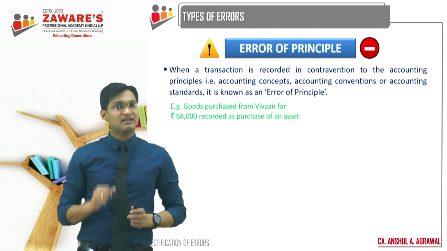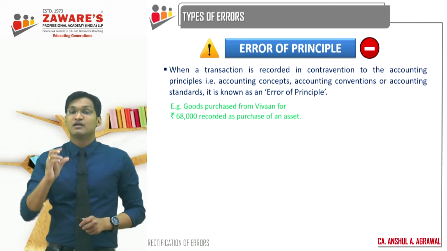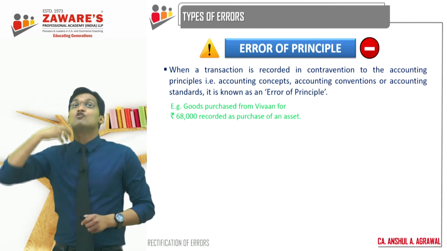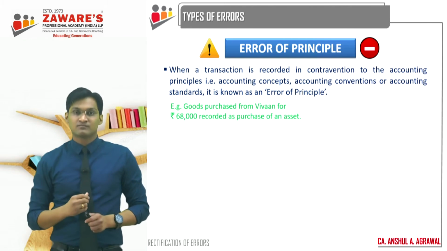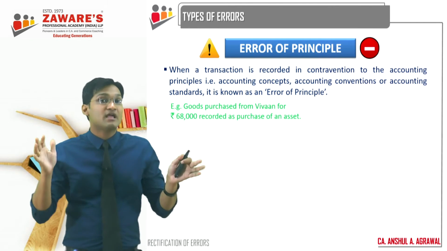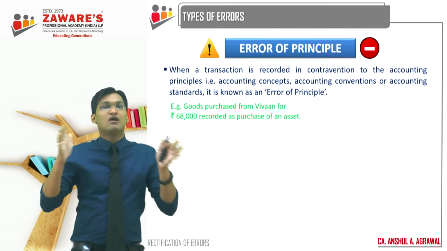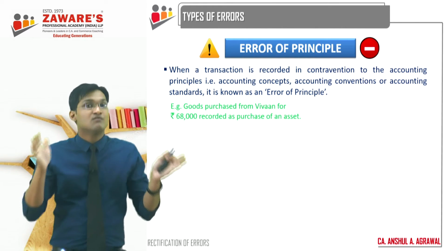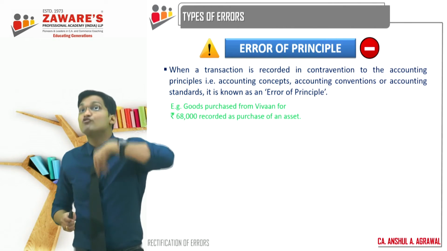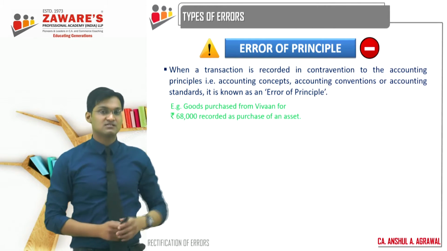What do you mean by capital expenditure? Those expenditures which are incurred and which give your business long-term advantage, which are substantial in amount, not incurred on a day-to-day basis, which result in the creation of an asset which will give long-term economic benefit to your business.